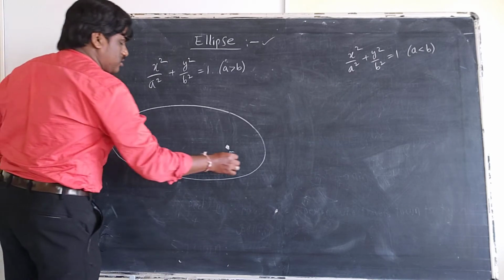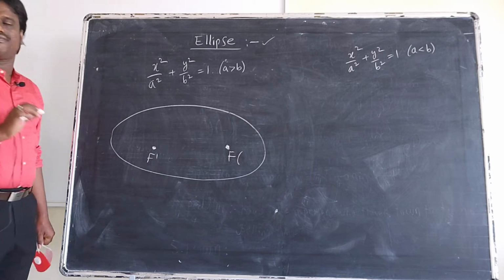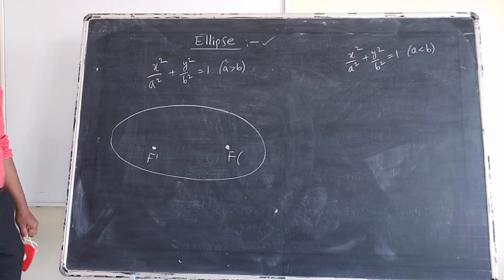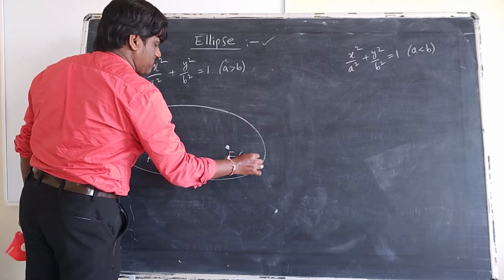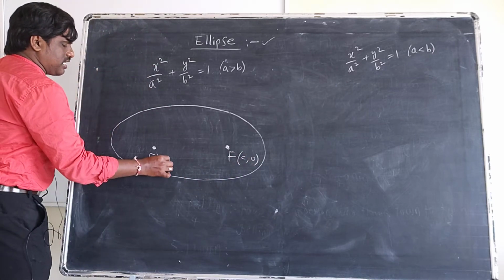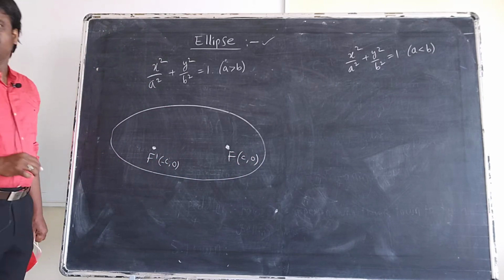This is actually the consideration for deriving the formula. They take this as c comma 0, some constant c comma 0, and this as minus c comma 0.